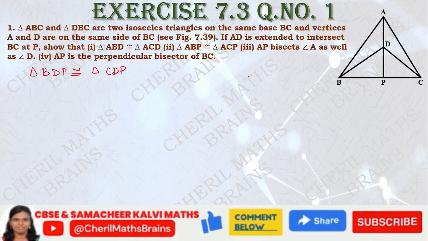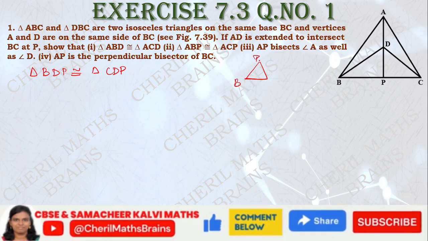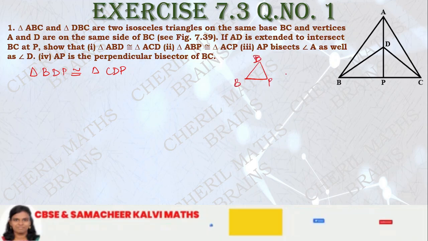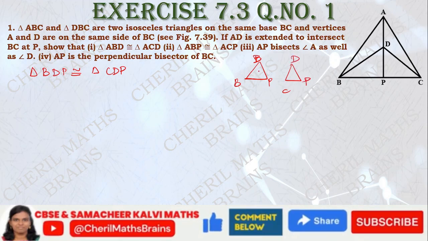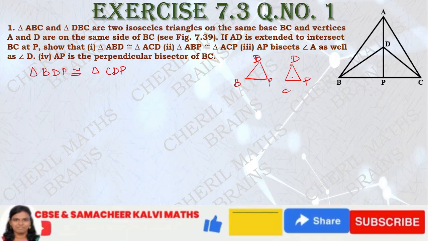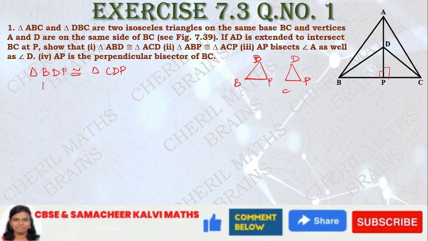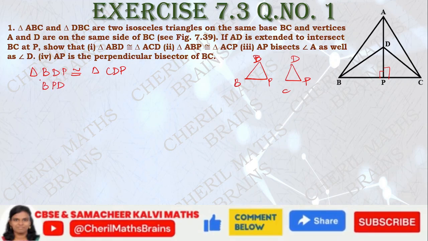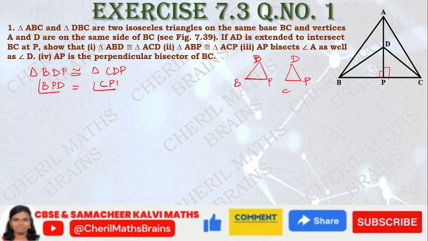I'll draw it separately. So when these two triangles are congruent, we can say that all the corresponding angles are also going to be equal. So what can we say? We can say angle BPD is equal to angle CPD.